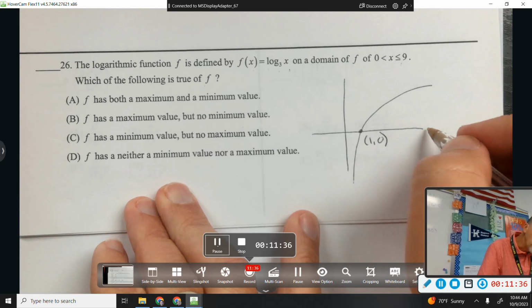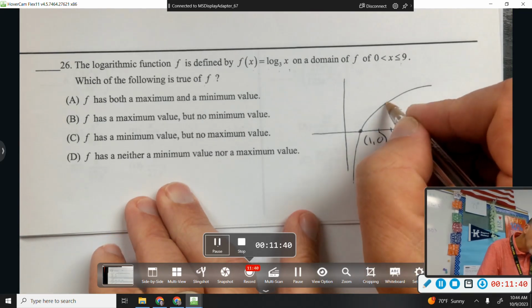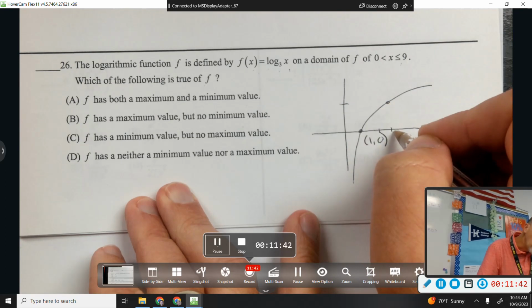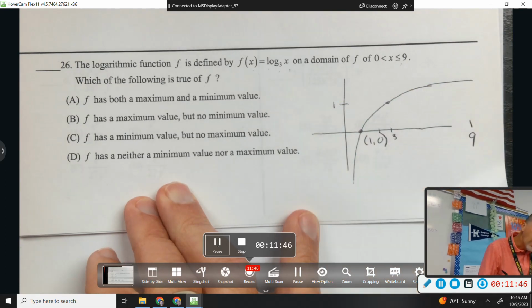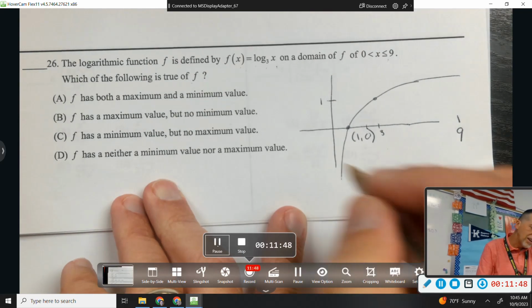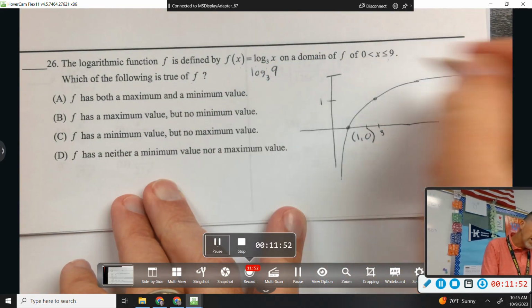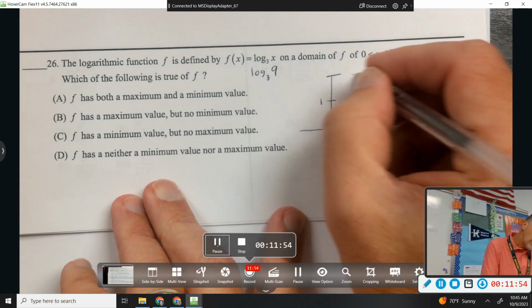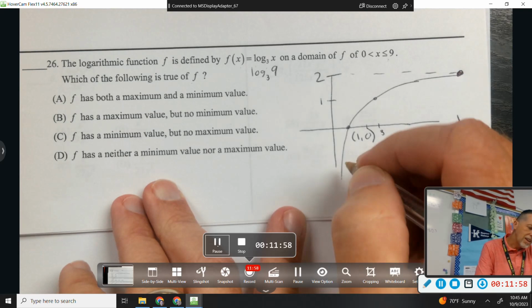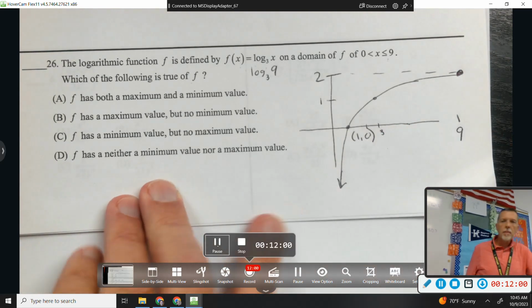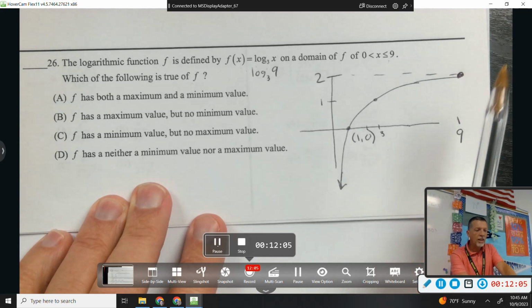Now this one goes to 9. Log base 3 of 3 is 1, and log base 3 of 9, 3 squared is 9. My picture's a little rough here, but you get the idea. So there's my picture from 0 to 9, and it stops at 9.